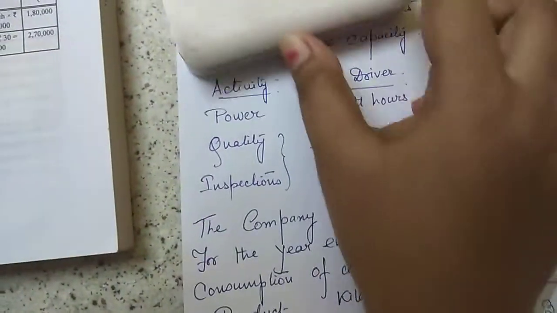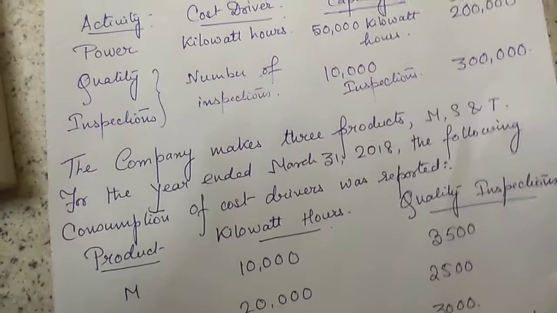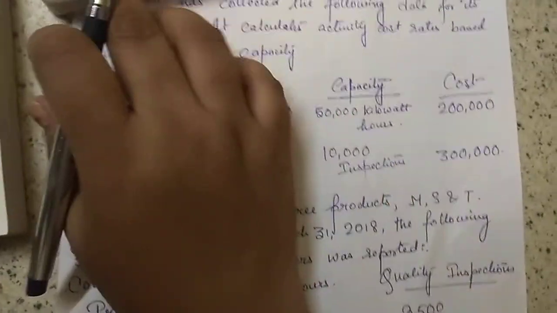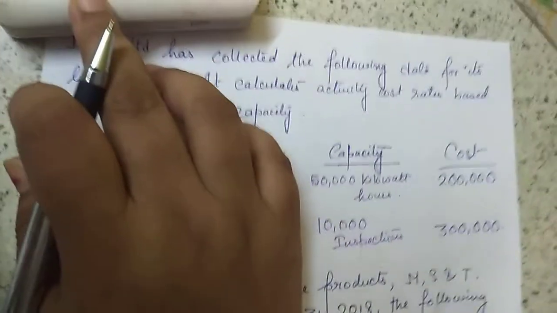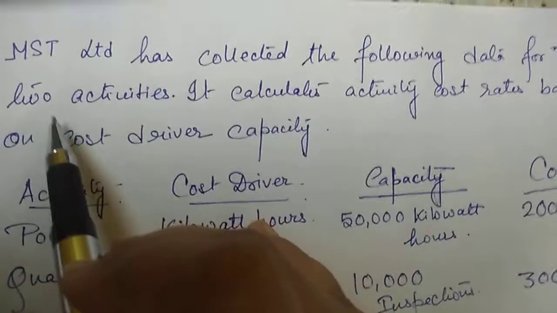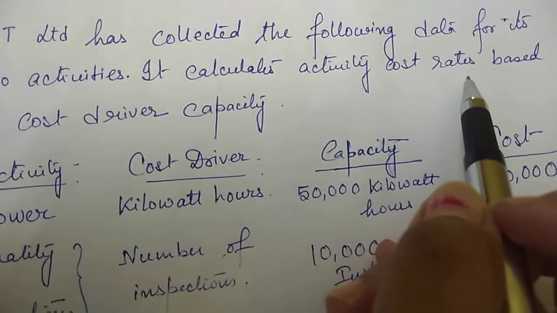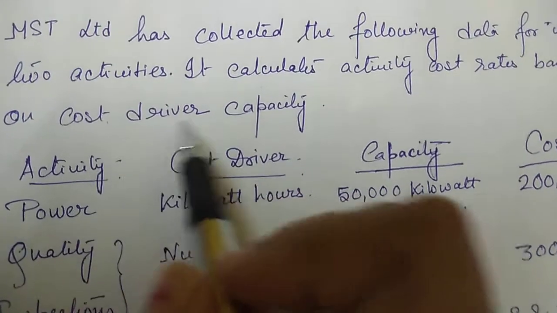Let us start with the next sum. What does it say? MST Limited has collected the following data for its two activities. It calculates activity cost rates based on cost driver capacity.